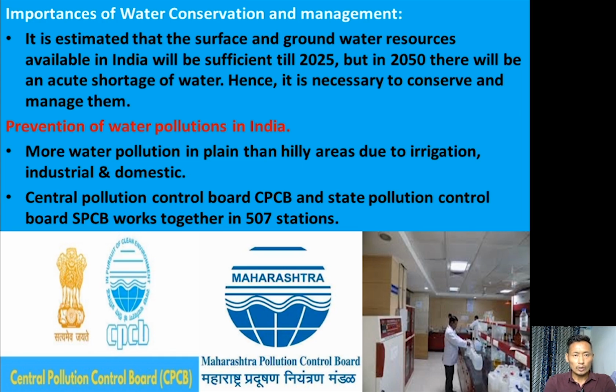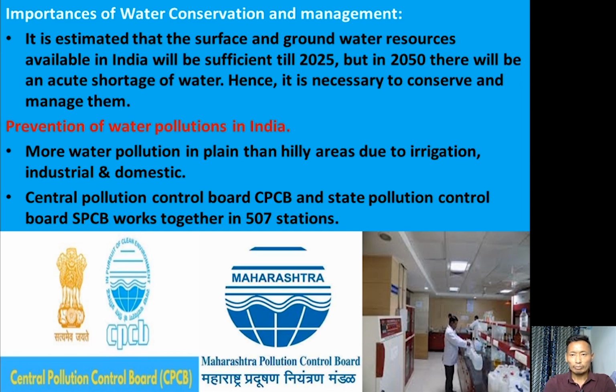Generally, there is more water pollution in plain than hilly areas due to irrigation, industrial and domestic use. If we talk about India, in the Himalayan region the water pollution is much less as compared to plain areas of India, because in plain areas we have more people, more economic activities, more number of industries.